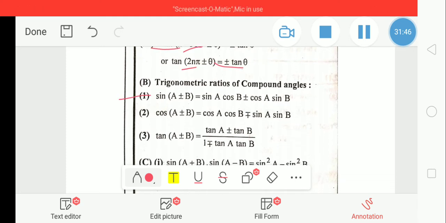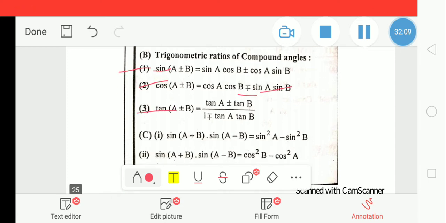And this one, we know the trigonometric ratios of compound angles, a plus minus b. Sin a cos b plus minus cos a sin b, and for cos, here plus minus gives minus plus: cos a cos b minus plus sin a sin b. And tan of a plus minus b is tan a plus minus tan b divided by 1 minus plus tan a tan b.